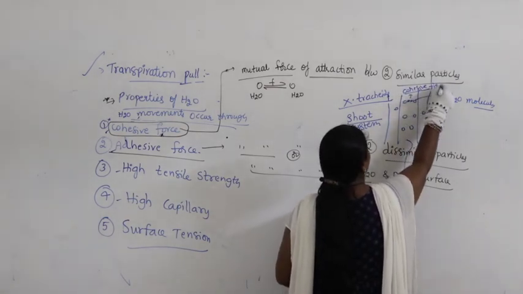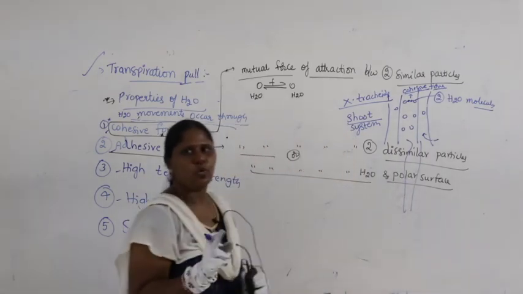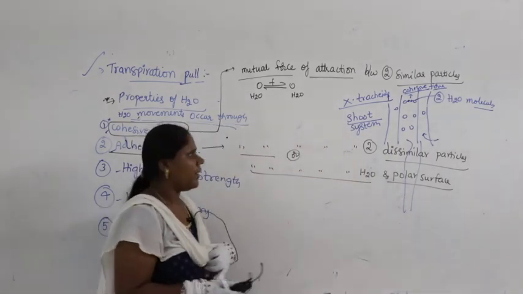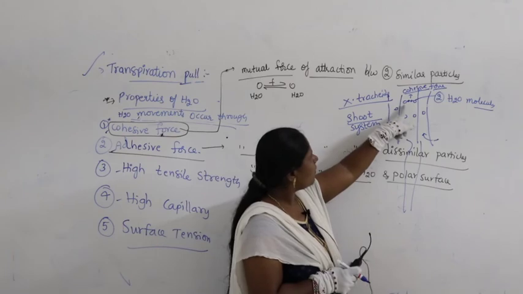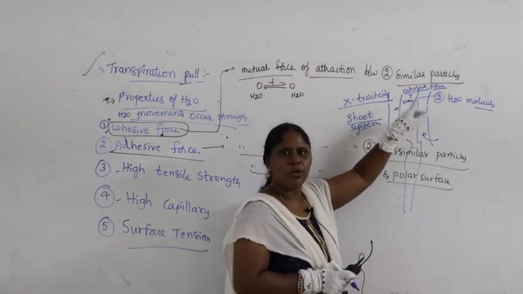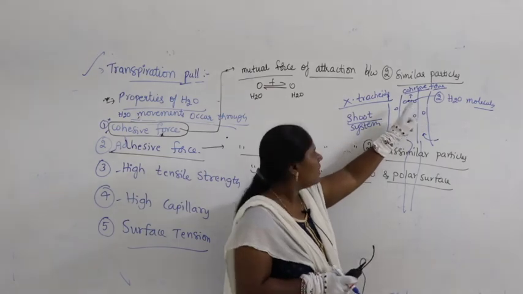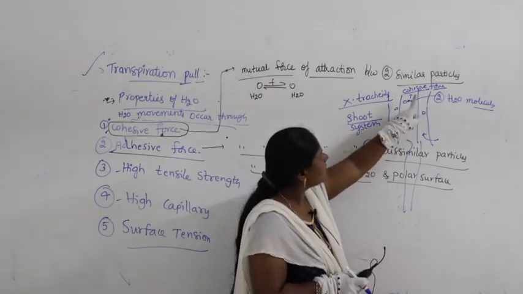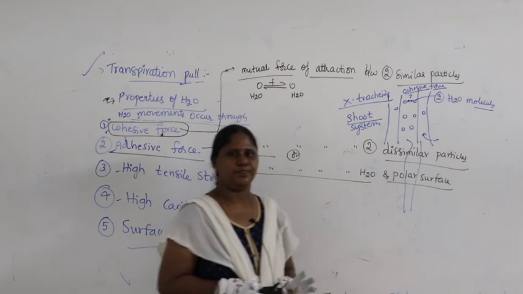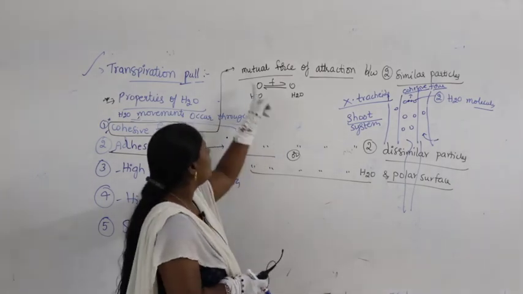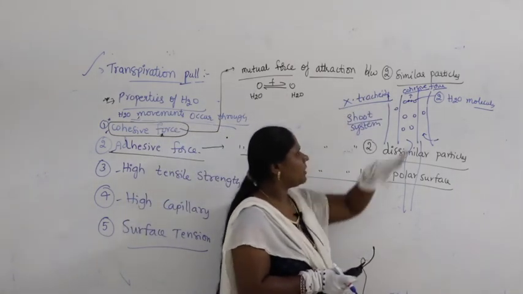Two water molecules are moving, and the force between them is called cohesive force. That's the first property, the mutual force of attraction between two similar particles.